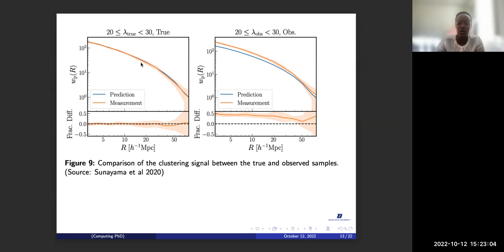In the true catalog, there is no projection effect, so the signal from the true catalog and the prediction are the same. But when we compare with the observed catalog, we see a boosting of the clustering signal, confirming the presence of the projection effects.